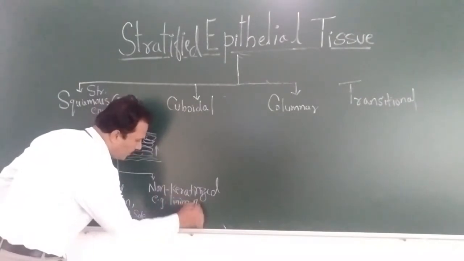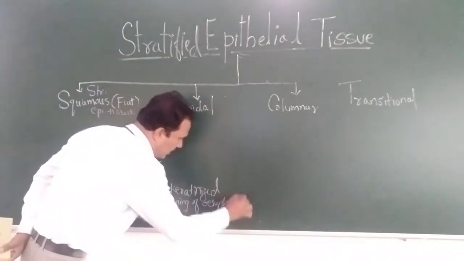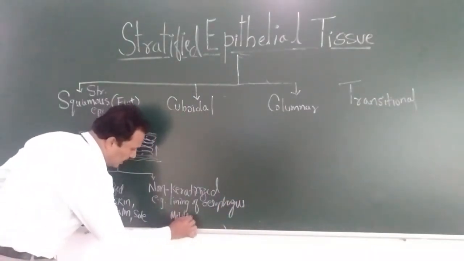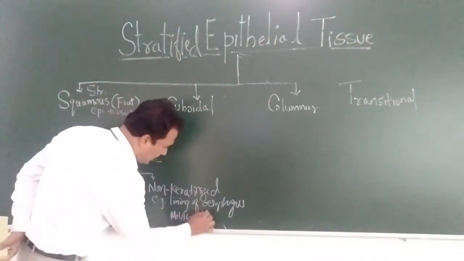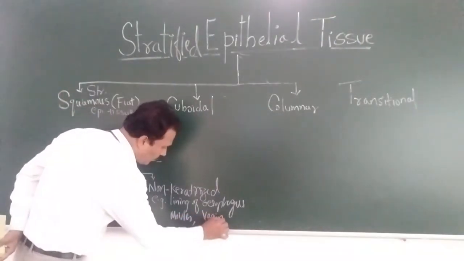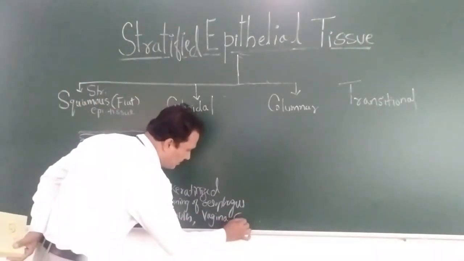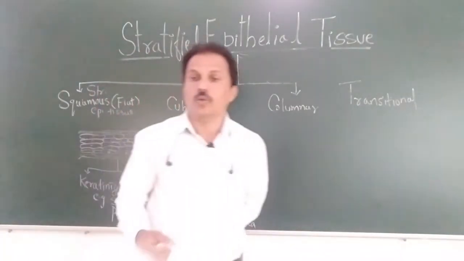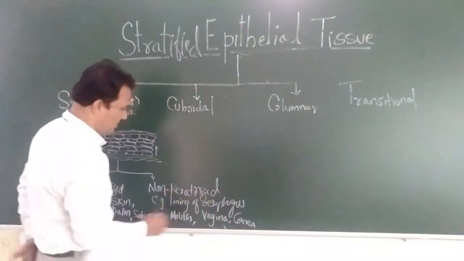linings of the esophagus, the inner part of the mouth or lips, you will find it in the vagina, you will find it in the cornea. Where is the cornea? It is in the eye. Next is the anal canal.